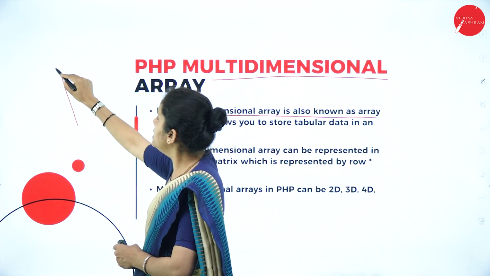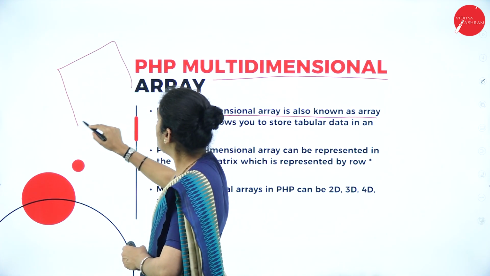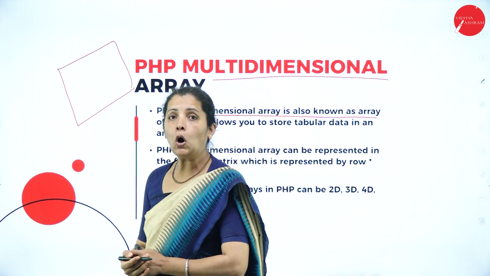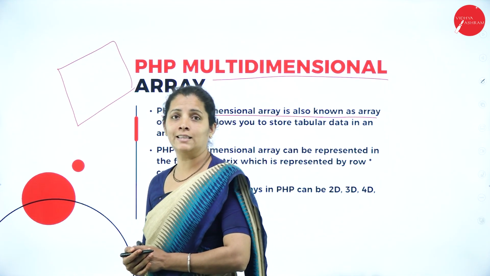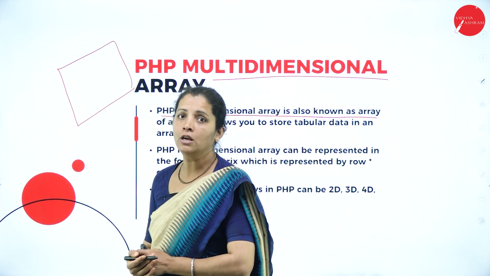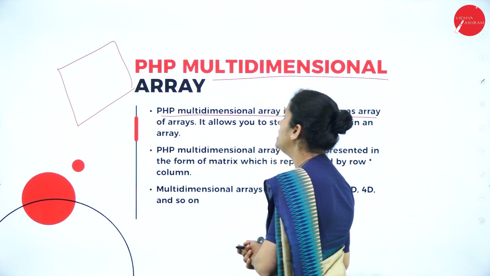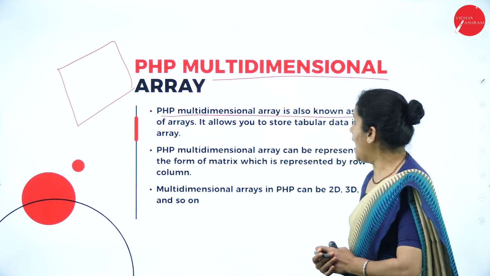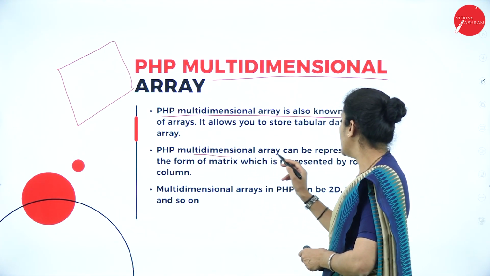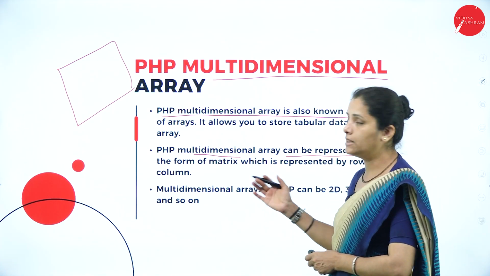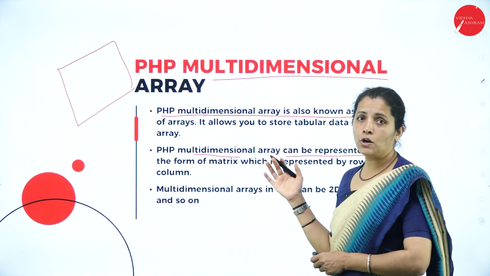If the elements are represented in the form of tables, that is a 2 cross 2 table or a 3 cross 3 table, that is nothing but a matrix representation, with rows and columns.